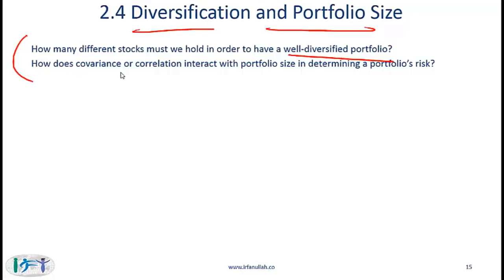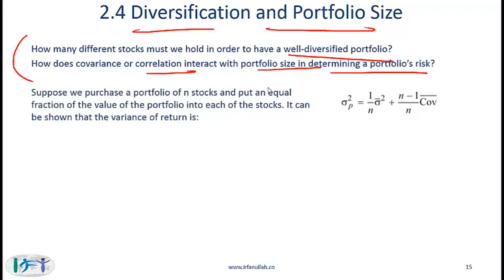How does covariance or correlation interact with portfolio size in determining a portfolio's risk? At a high level, we've said that if the correlation is low, then the diversification benefit is good. So lower the correlation, higher the diversification benefit. But let's try and quantify that.